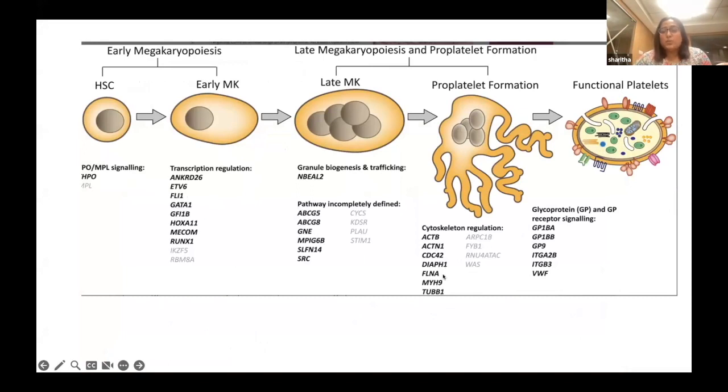The most important one is myosin heavy chain 9, which is again one of the most common causes of macrothrombocytopenias. There are also platelet surface receptors like GP1BA, GP1BB, GP9, and GP23A. All these are important genes involved in the etiology.